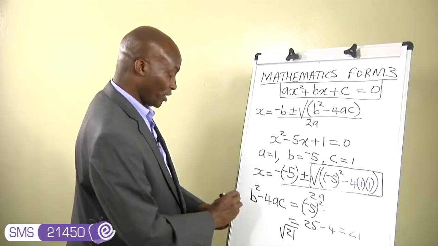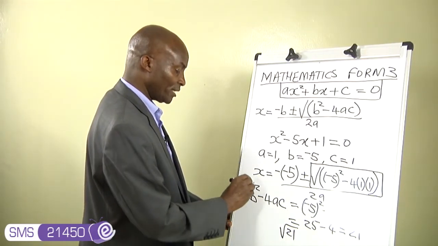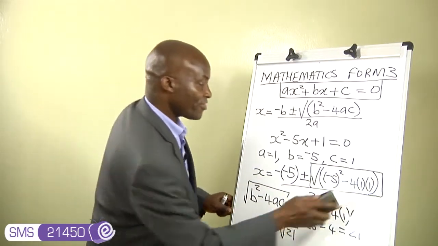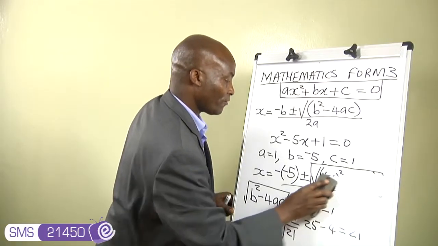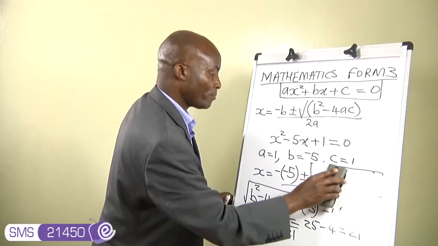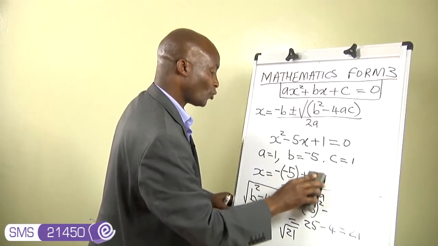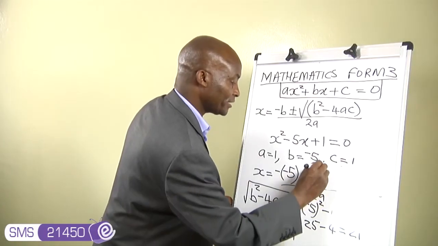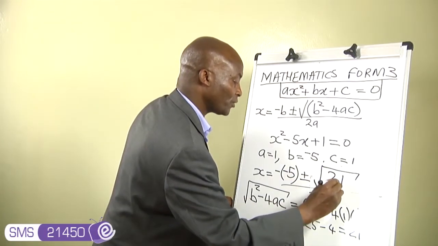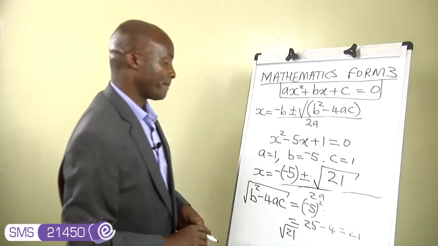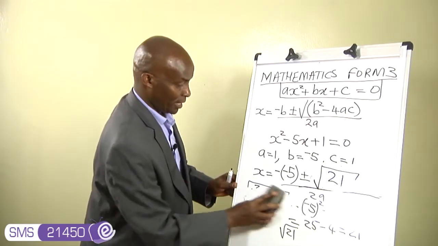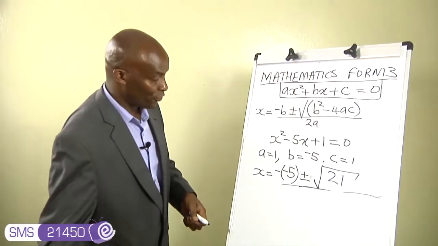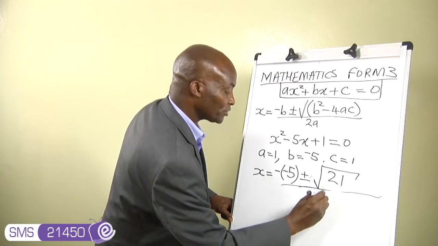Why do I say the square root? Because b squared minus 4ac is under the square root, as you can see. So what we are saying is that this part of the solution can be replaced by the square root of 21. So we can say it is plus or minus the square root of 21. And the denominator, of course, is 2 times the coefficient of x squared, which is 2 times 1.